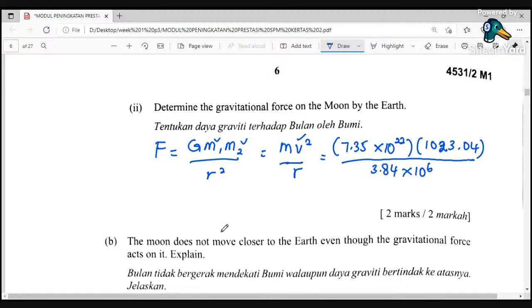Okay, berhentikan. Okay, so dapat formula jawapan dia. 2.003 times 10 to the power 20 Newton.